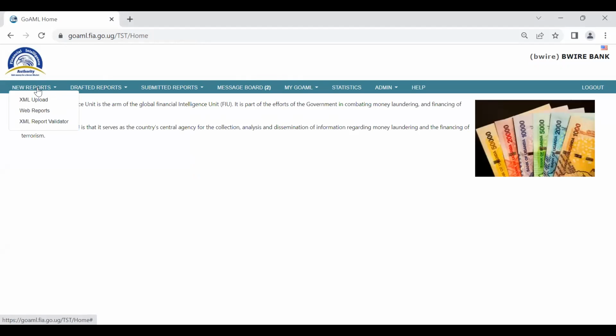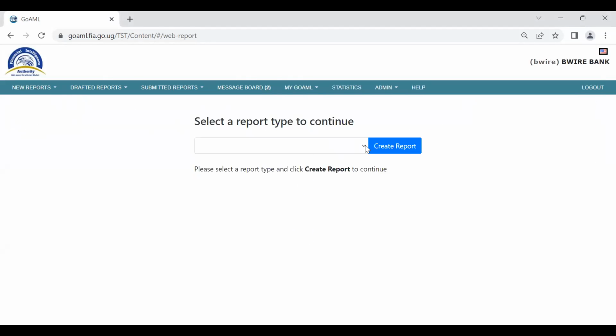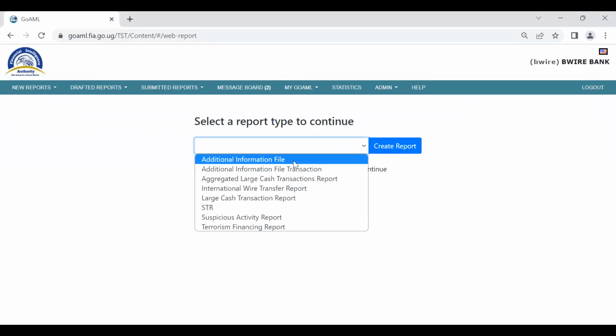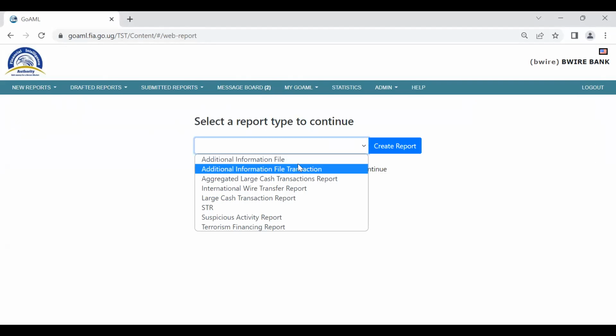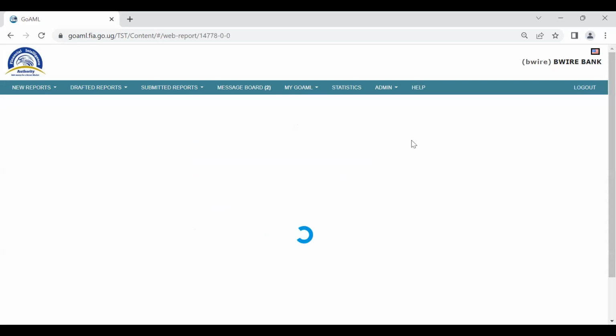Same format, you go to new reports, web reports, and this time you choose additional information. So most times there are attachments that we need: ID information, statements if available, transaction information. All those you send to us through this additional information file.